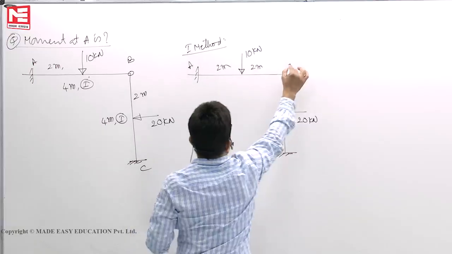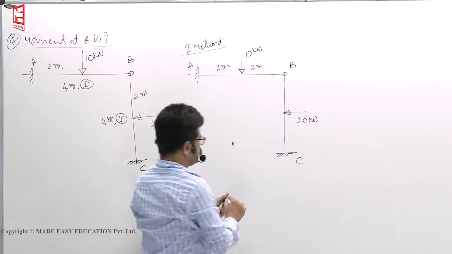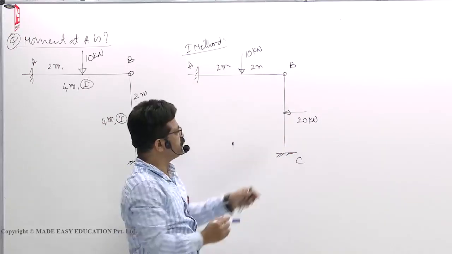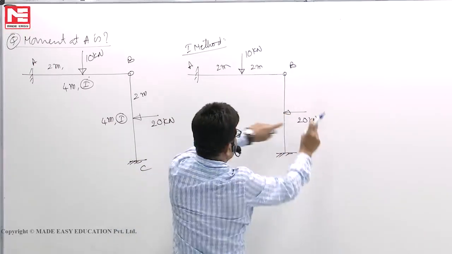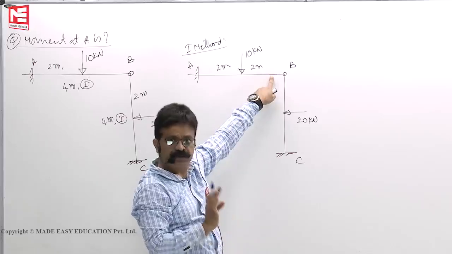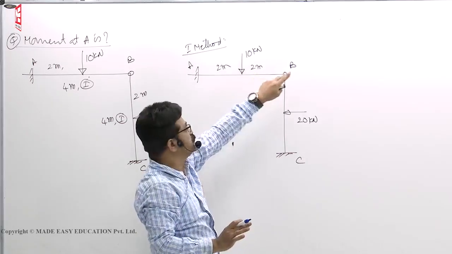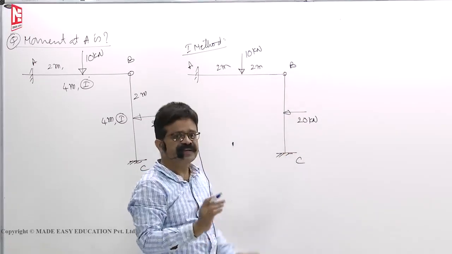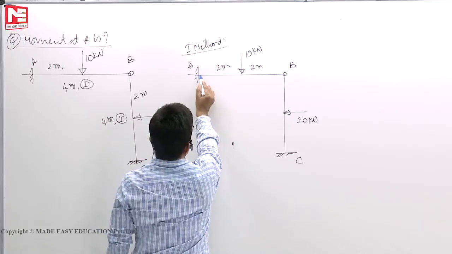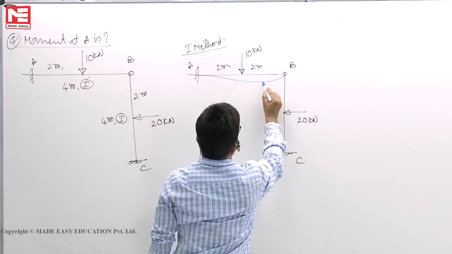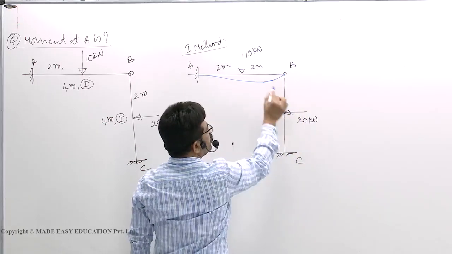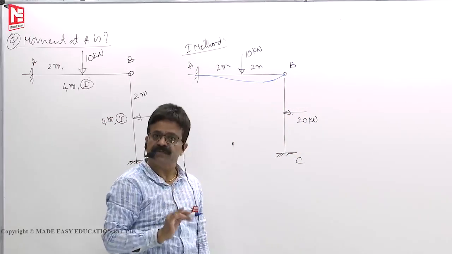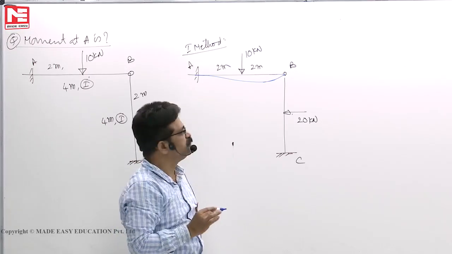This point say A, B, C. Now, whether 20 is there or not, because of 20 there will develop axial force only, no moment. But axial deformations we will neglect. So the deflection profile is something like this. Whether this load is there or not, this profile will not be affected.